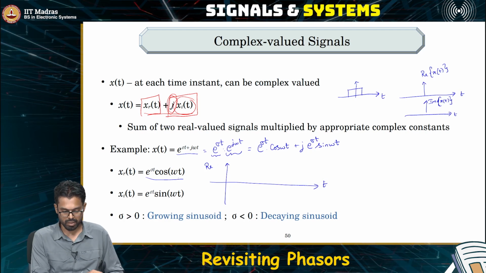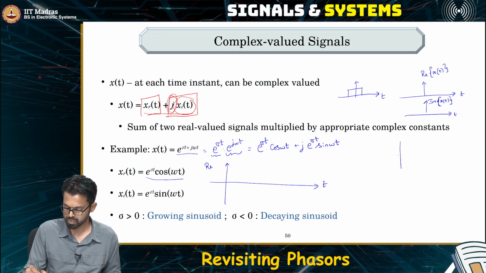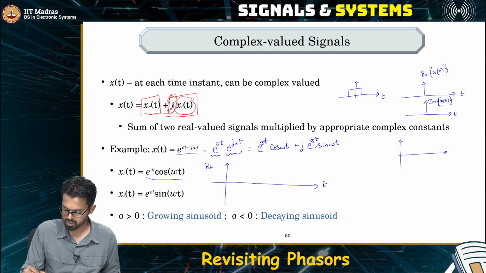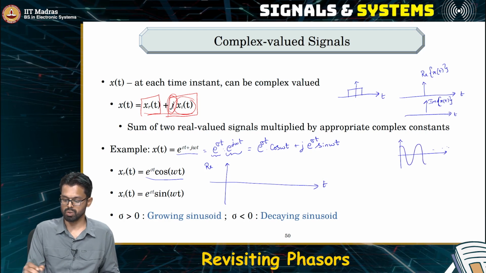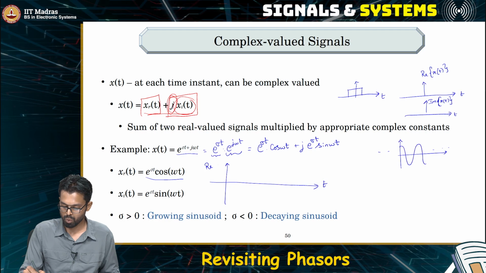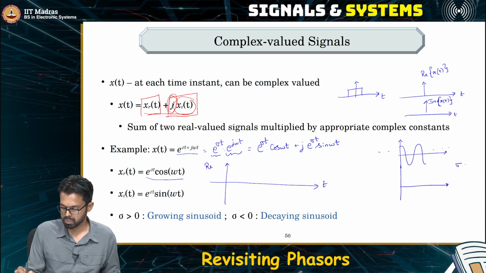So how do we plot this? We know cos omega t is just a sinusoid that goes on either side. What is e power sigma t? Let us first assume that sigma is less than 0.